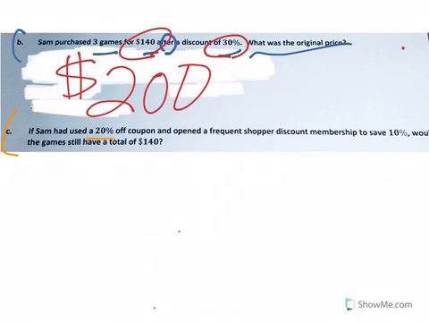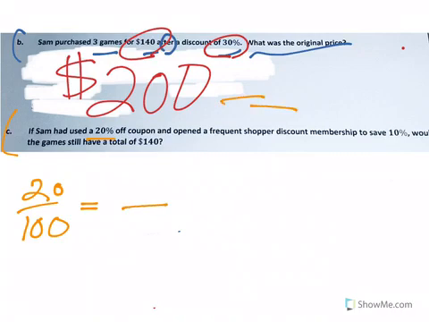Okay, first we're going to take 20% off. Well, I know 20% is 20 out of 200. And I know, sorry, I goofed that up. I was thinking ahead here. 20% per 100 is 20 out of 100. And I know that my total, because we already figured this out, of all the games combined was $200.